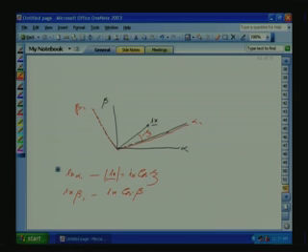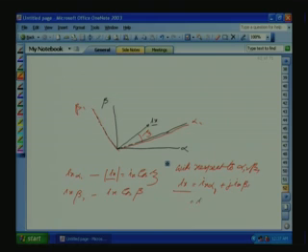So, with respect to alpha 1 and beta 1, the current space phasor IR is equal to IR alpha 1 plus j IR beta 1.